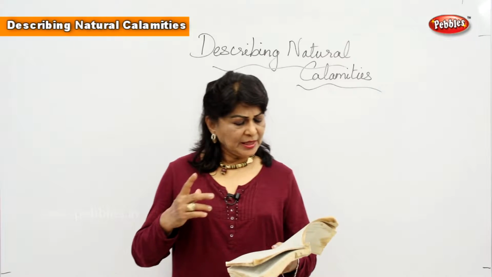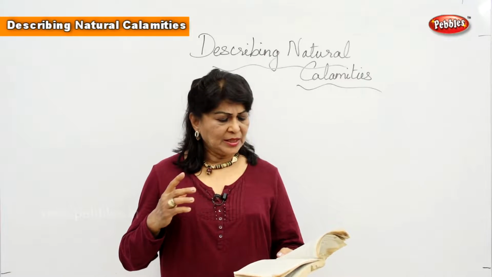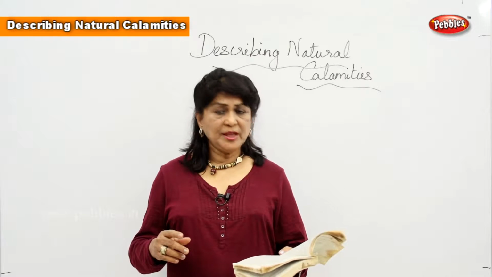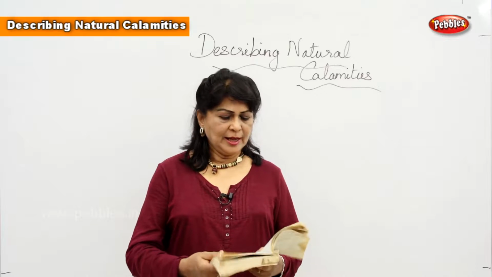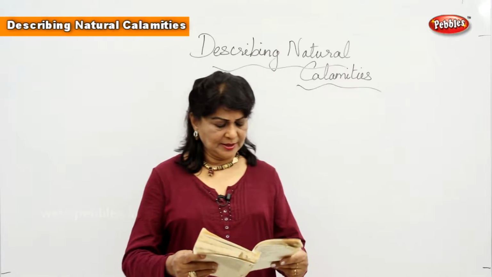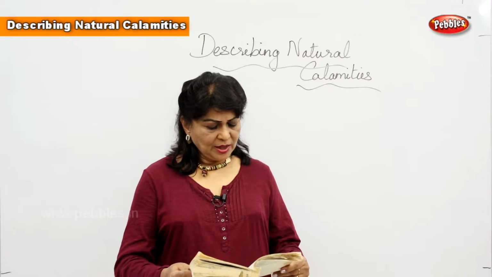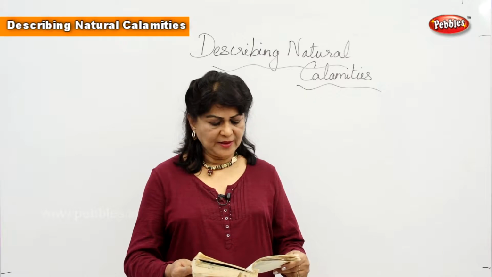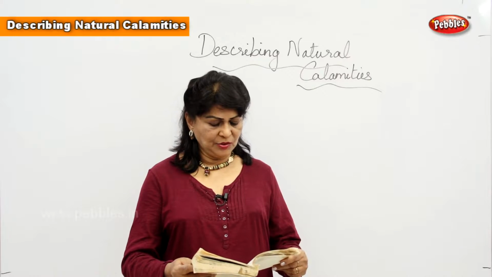Now I am going to read a weather report of India's meteorological department, and we are going to see how words and terminologies are used here. During the week, two western disturbances affected the western Himalayan region.